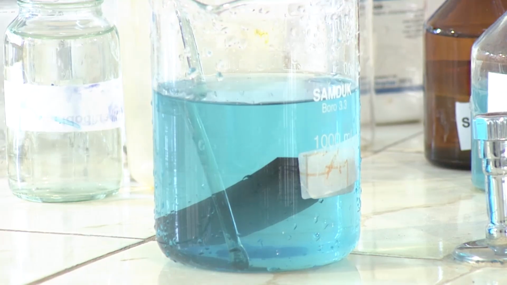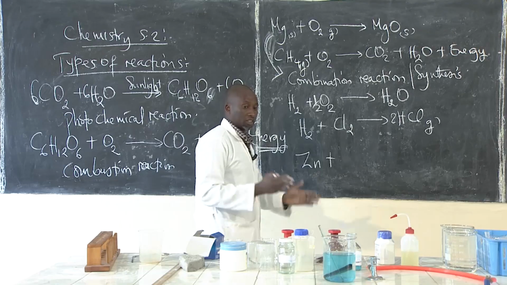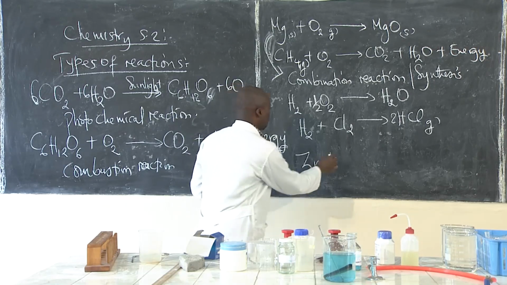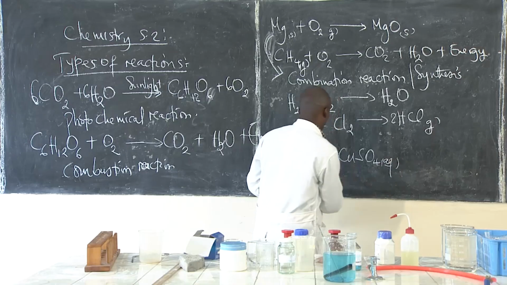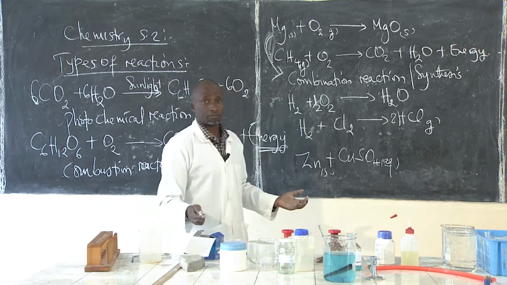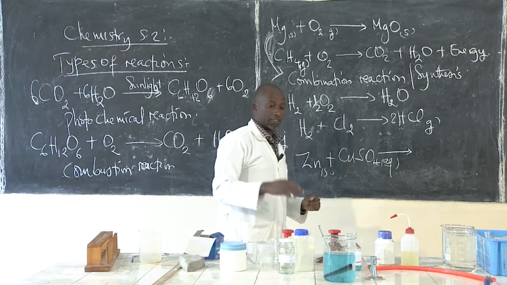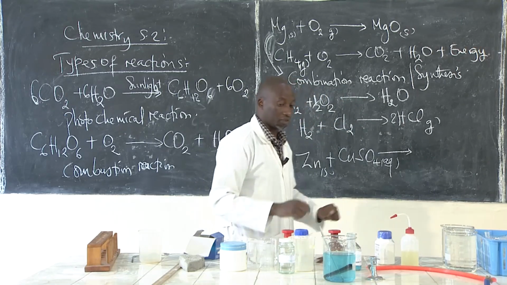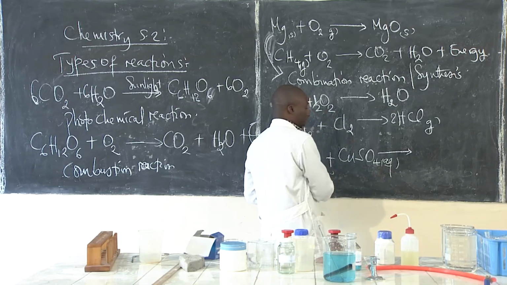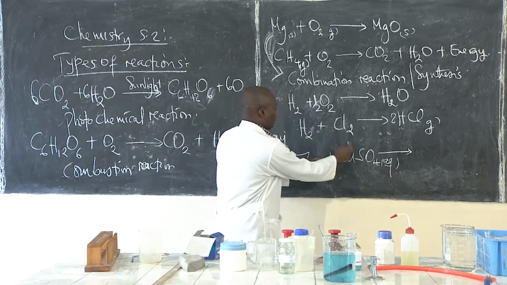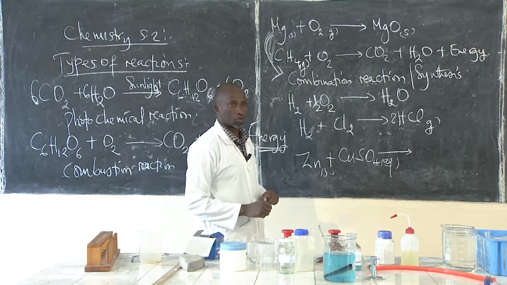So we have zinc, which is combining with copper sulfate. These are the substances of this reaction. For example, this is a solution, and this was a metal. Now what is happening here is that after some time, we just have to leave it there. The zinc metal displaces this copper from its solution.